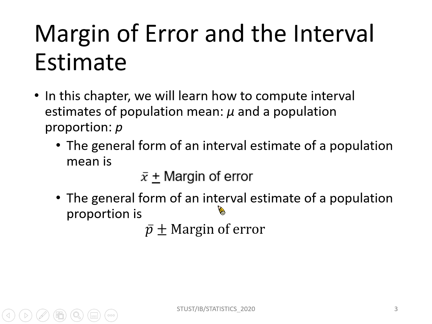In this chapter, we will learn how to compute the interval estimate of the population mean mu and the population proportion p. In general, to express an interval of a population mean, you can express it like this: x bar added to or subtracted by the margin of error. To estimate an interval of the population proportion, you use the sample proportion added to or subtracted by a margin of error.